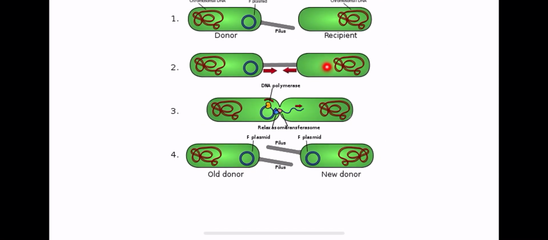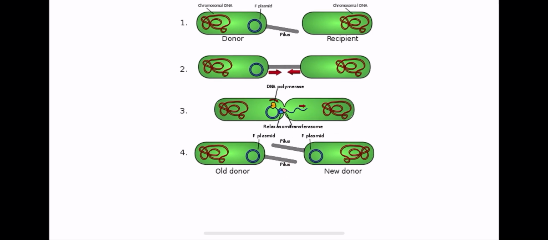The first bacterium and the second bacterium come near to each other, they form a bridge, and after that they exchange segments of DNA. This plasmid will move into the other bacterium to give it new genetic information. This is conjugation.